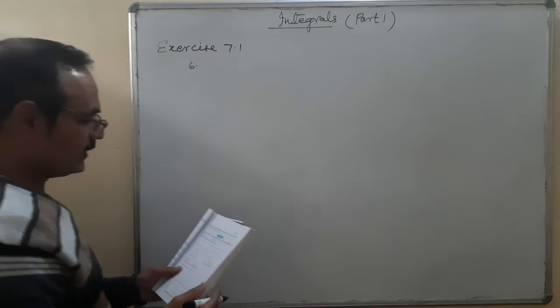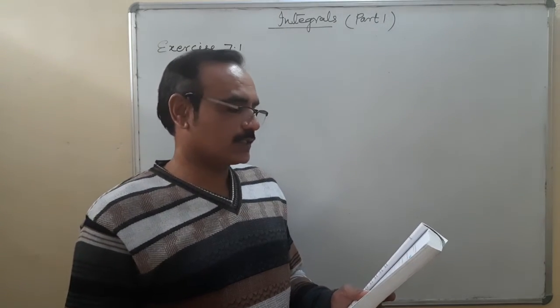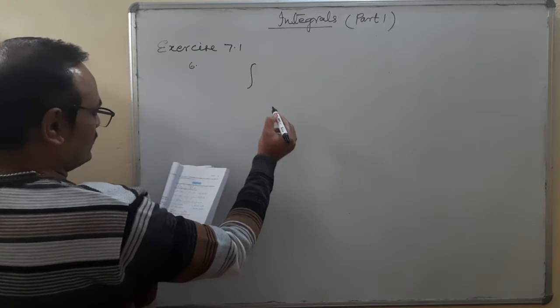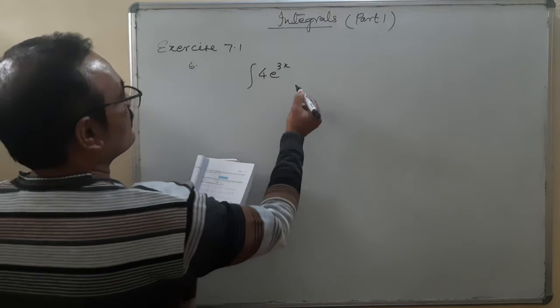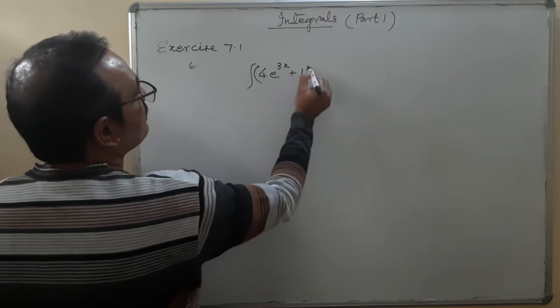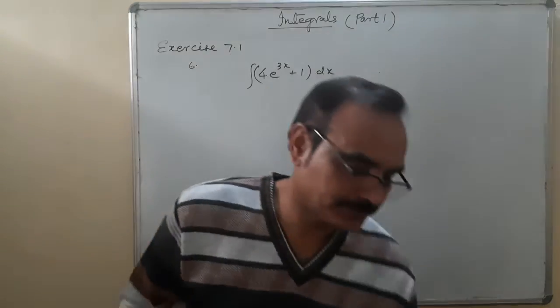Now here it is clearly given: find the following integrals in exercises 6 to 20. Sixth question I am taking: integration of (4e to the power 3x plus 1) dx.